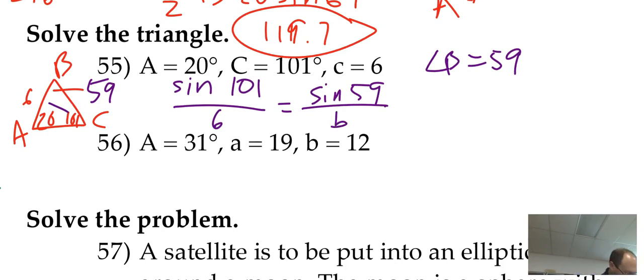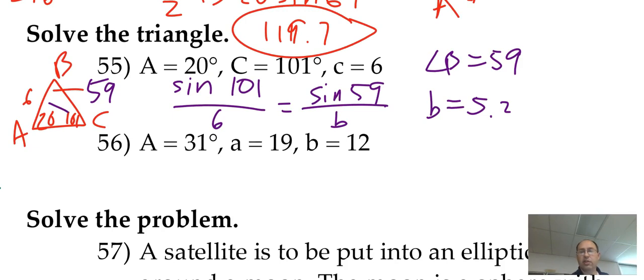All right, so let's see, cross multiply. 6 sine 59 divided by sine 101. I got 5.24, so B, we'll just say 5.2.